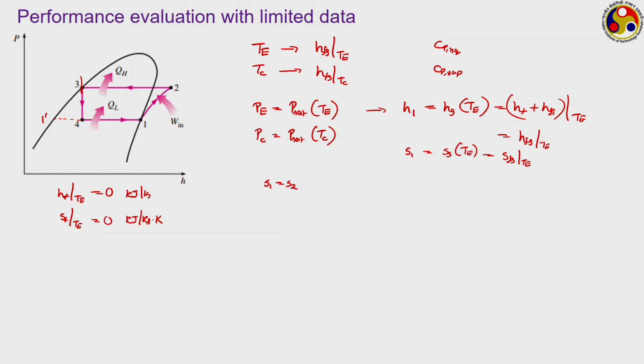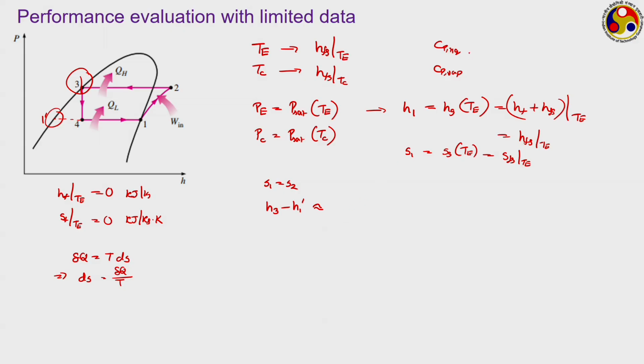Now, as this process is isentropic, or we are talking about a reversible process, for any reversible process we know that del Q is equal to T ds, or ds is equal to del Q by T. From there, let us see what we can write. For the compression process we know S1 equal to S2, then if we write H3 minus H1 prime, that is we are taking this point and this point, then how can we approximate this?